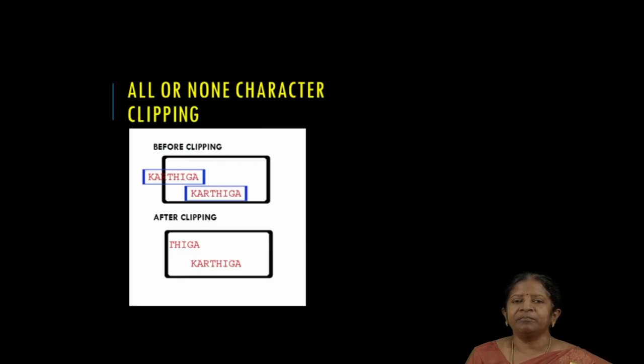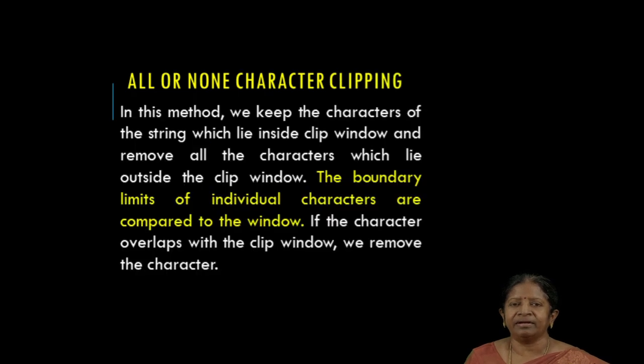The second method of text clipping is all or none character clipping. Here we are constructing rectangular boxes around individual characters. If that character boundary box is cutting the window, then we will be removing the character.